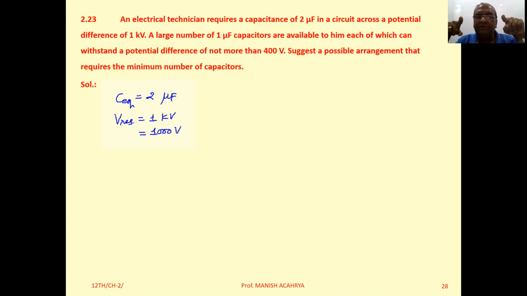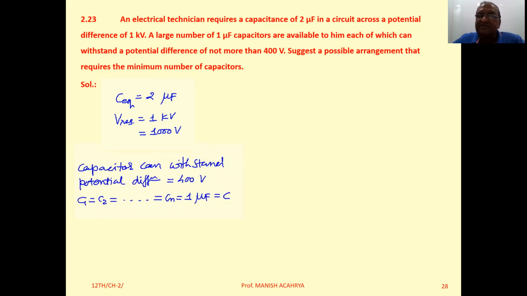If in the circuit 1 kilovolt, means 1000 volt potential difference is applied, one capacitor can withstand only up to 400 volt, means minimum 3 capacitors are required in series combination.